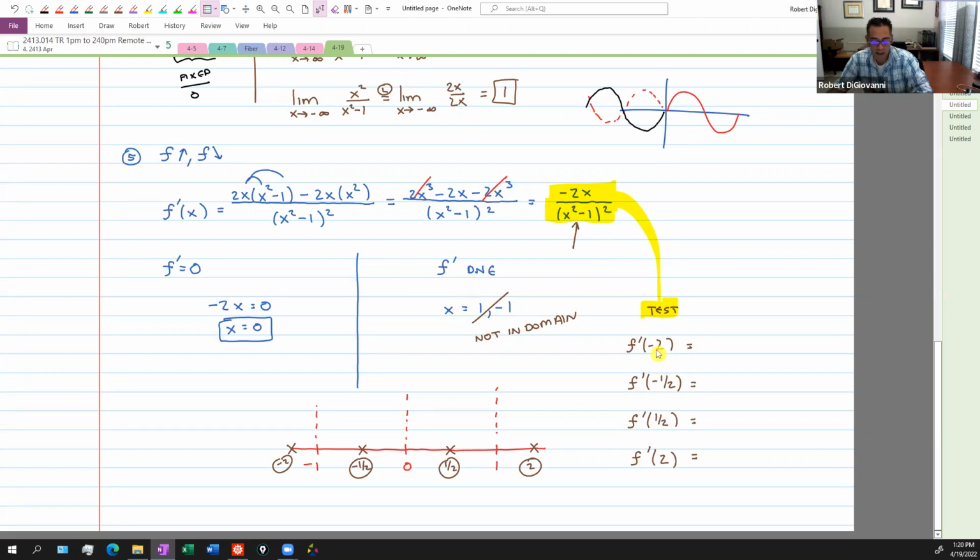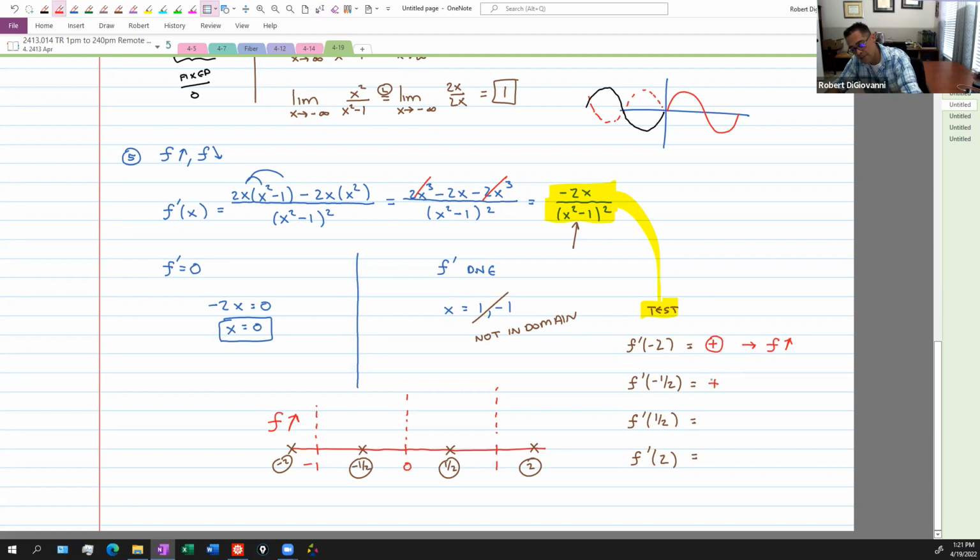So what happens if I take -2 and I plug it in there for x? -2 times -2, +4, right? That's positive. So I know that I get a positive here, which tells me that my original function must be increasing there. So back here in the table, I'm going to say f is going up here. What happens at -1/2? Same thing, plug in -1/2. -2 times -1/2 is positive, right? 2 negatives multiply to be positive.